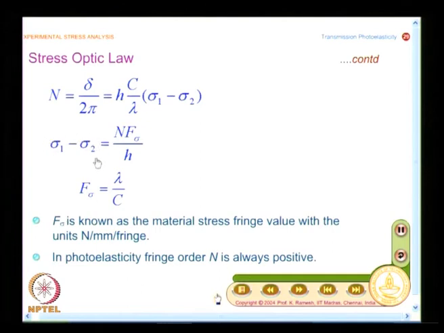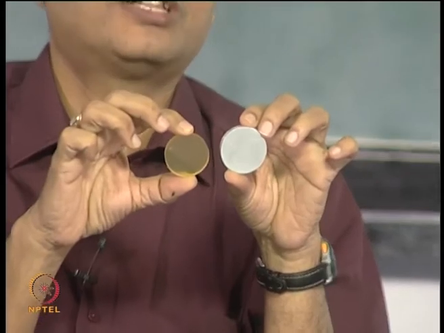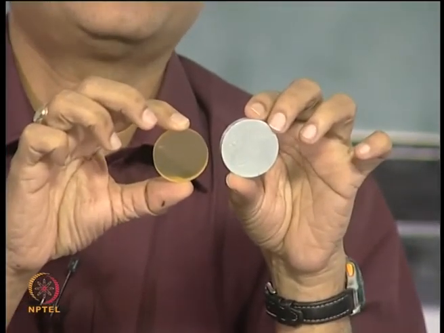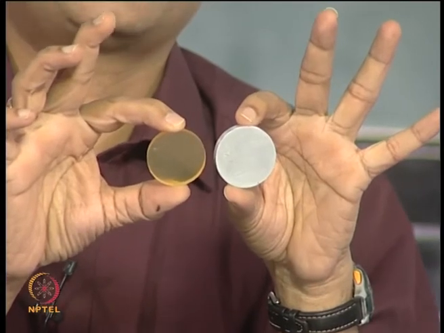Okay, let me go back to the other question that I raised about 3 classes back. I took an aluminum disc and also a polyurethane disc. I said polyurethane is one of the photoelastic model materials, and then imagine that I apply the same load.